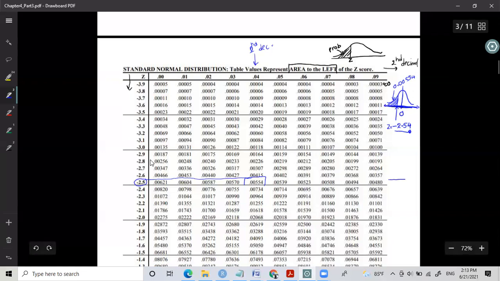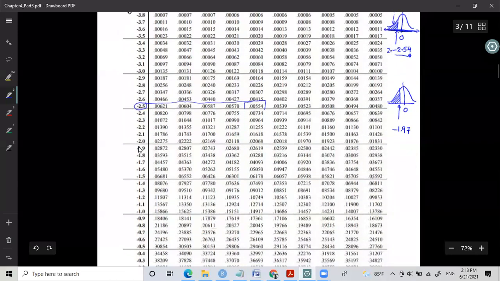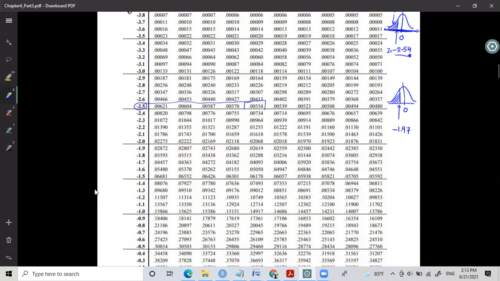I want to find, here's my bell. Now my Z score is negative 1.97. I want to find area to the left of negative 1.97 Z score. How do you do that? Where's your 1.9? 1.9 is here.